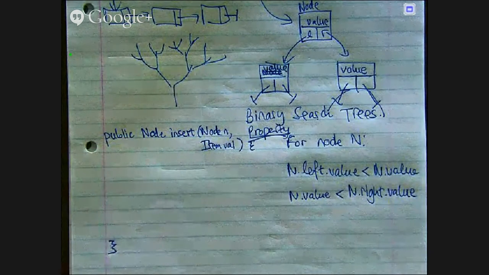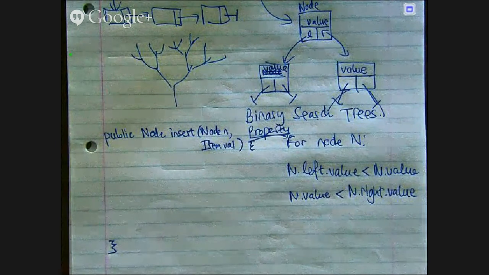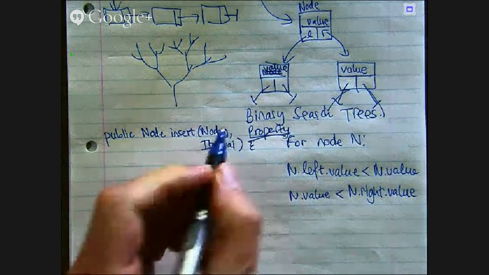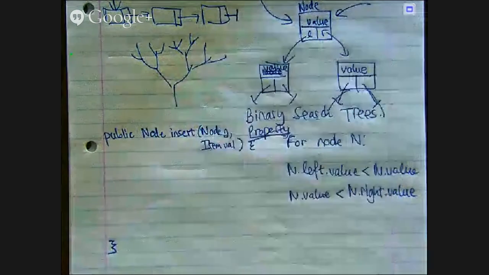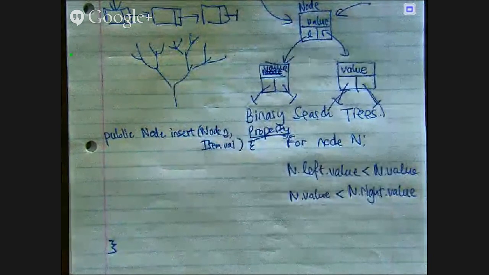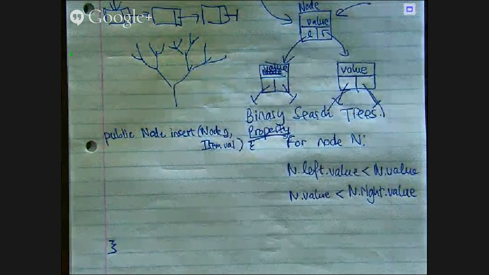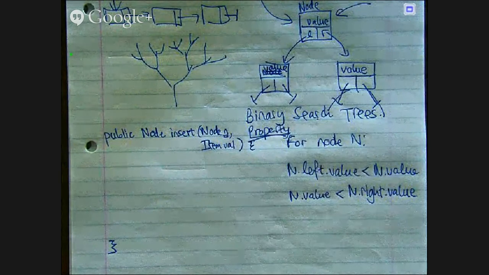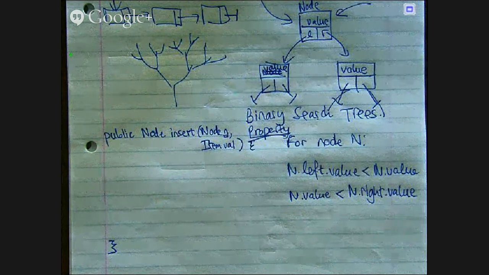I have to write code that will insert this value into the tree called n. N will be a tree like this, and it should send back the new tree. And more than that, we're going to use recursion. This is exciting stuff for you guys because you know recursion so well, but you don't know trees at all, so it's a combination of the known and the unknown.